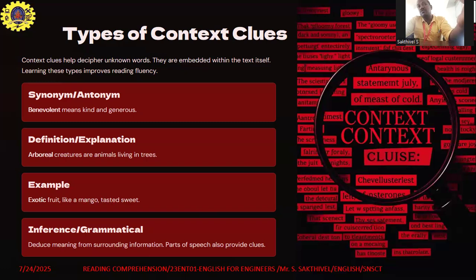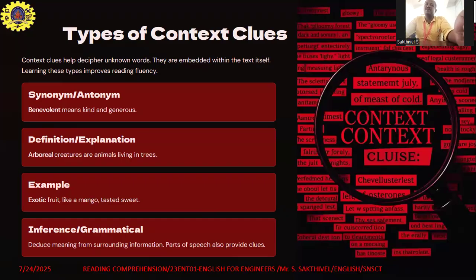In the above synonym and antonym example, we see the word benevolent in a passage, which means kind and generous. That may be a synonym. And if it is an antonym, we can say cruel, aggressive. So that is this type of context.